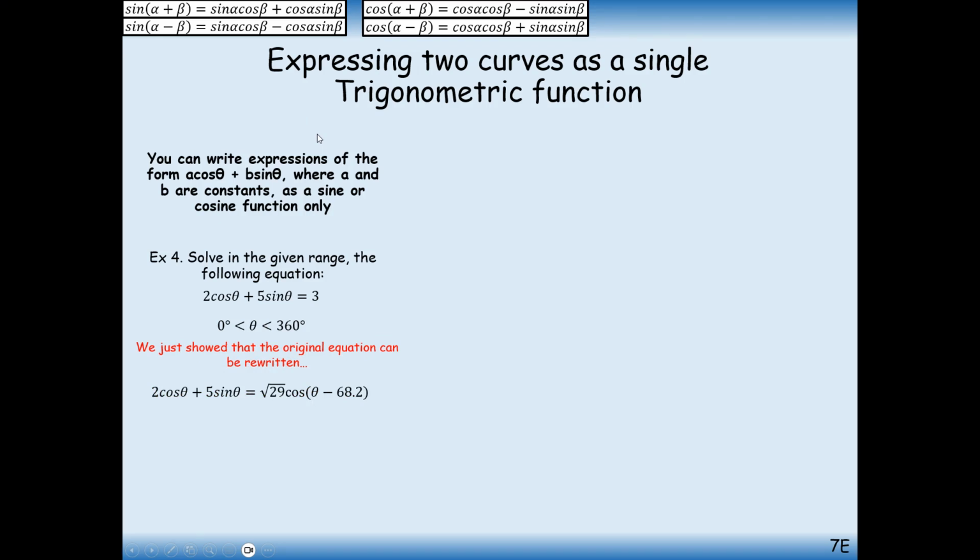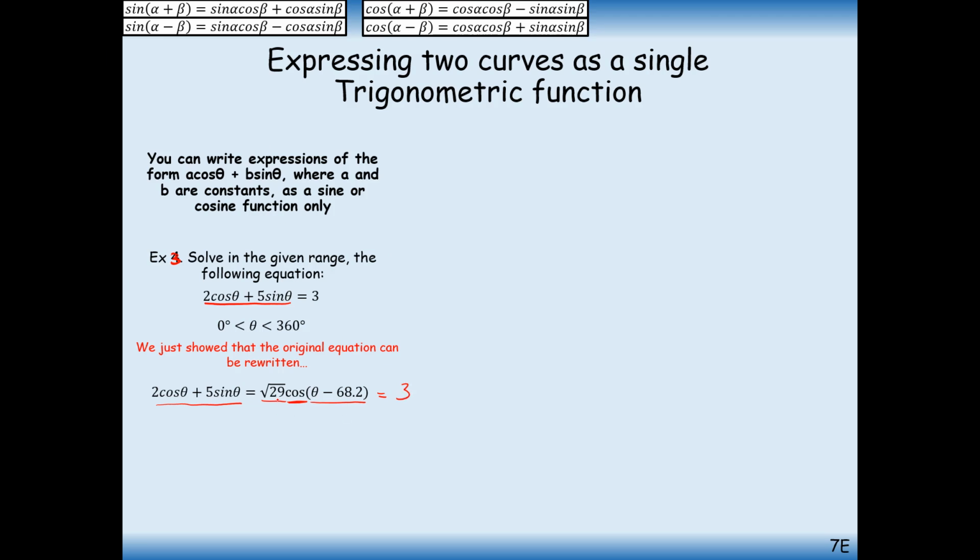What we figured out in the previous part of this question was that these two are equivalent to each other. So we did derive this, I did show you the derivation of this equality. So rather than solving with plus 5 sine theta, that doesn't help us, but the right side of this equality does help us.